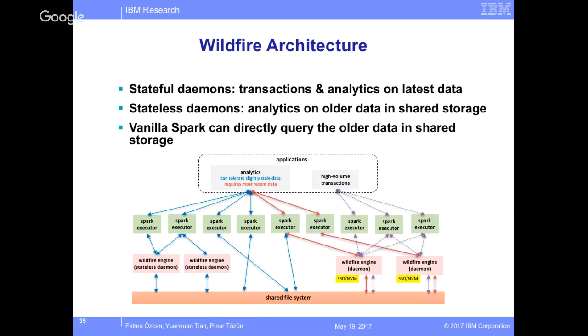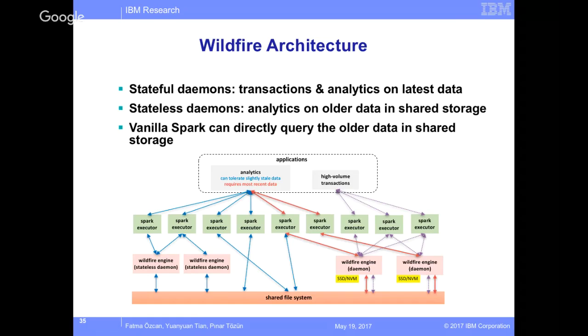And this is the Wildfire architecture. From the application side, you can do transactions and analytics. And the analytics goes from Spark to the Wildfire engine. We have two types of Wildfire engine. One type is the stateful engine, which basically handles transactions and analytics on the latest data.